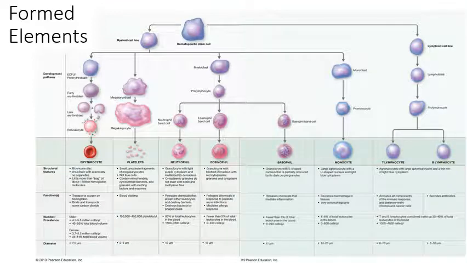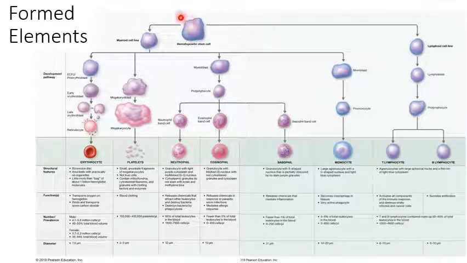So here's a summary of the formed elements in the blood. Again, you don't need to know the details of this for the most part as far as the hematopoiesis goes. But notice you're always starting with the hematopoietic stem cell in the red bone marrow, and there's different lines that it can differentiate along. It could differentiate to make the lymphocytes.